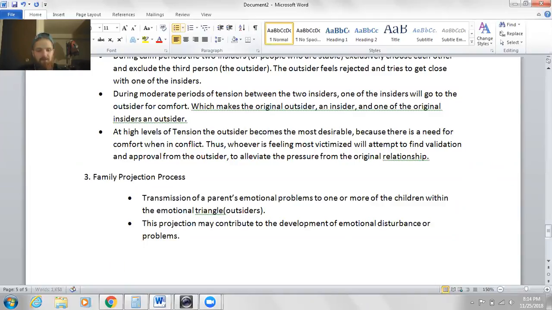So an example would look like a parent with low self-esteem, and they project it onto one of their children.